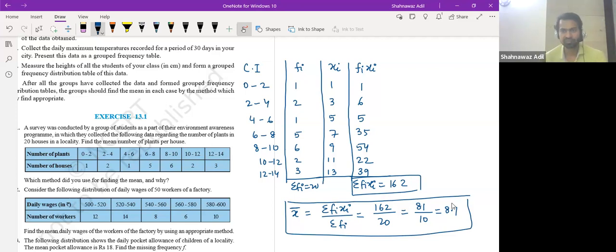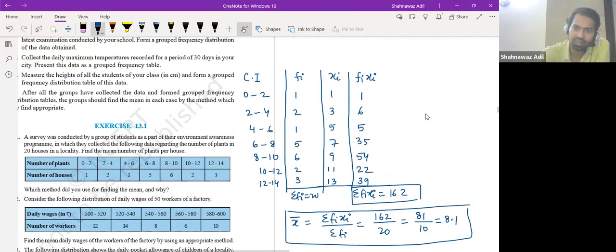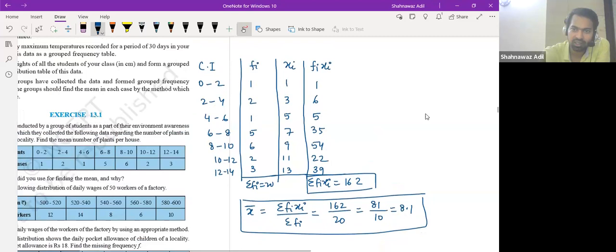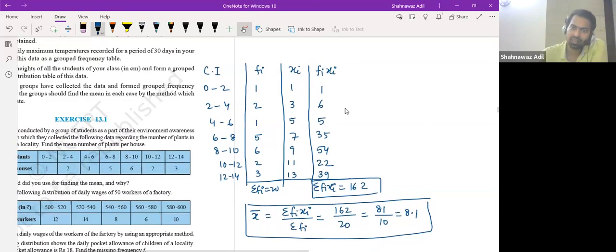Understood, everyone? Yes, sir. Okay, so now from this part, let us understand the assumed mean method. So what will be the mean that you guys will assume?